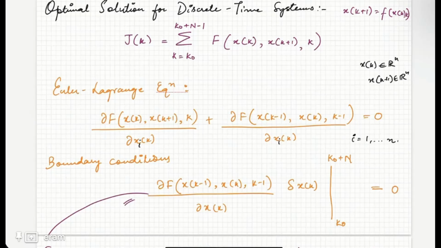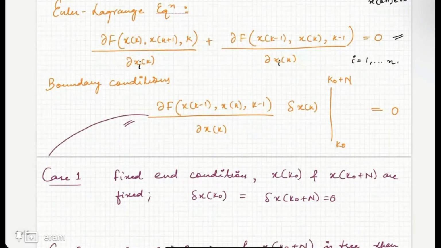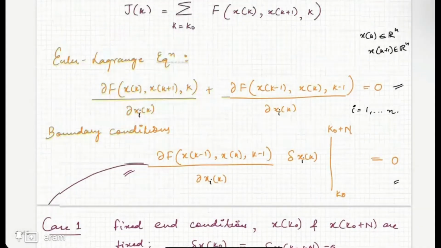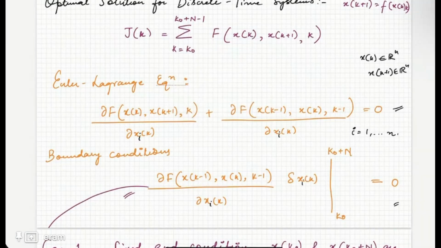So there will be n number of Euler-Lagrange equations and similarly n number of boundary conditions. So this will be replaced with x_i's. All right.